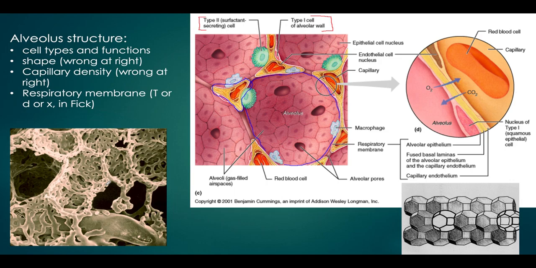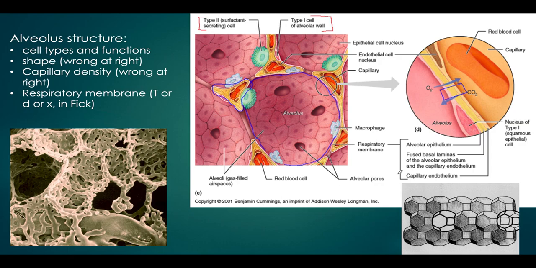It has to be surface area of what's called the respiratory membrane. The respiratory membrane being this right here, the shared barrier between air and blood, right? This is actually the wall of the capillary on the right here, and then the wall of the alveolus on the left here, sort of sandwiched together.